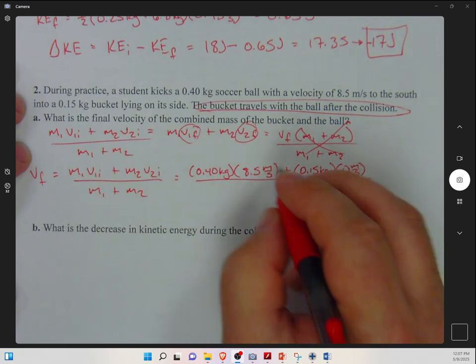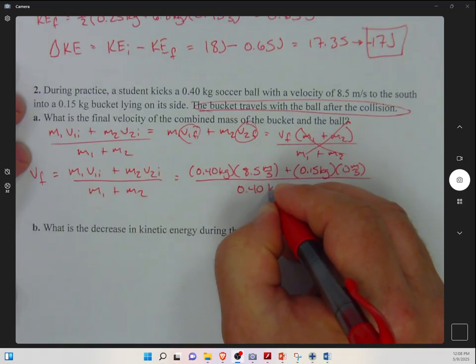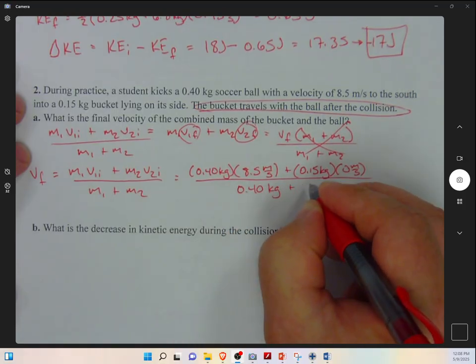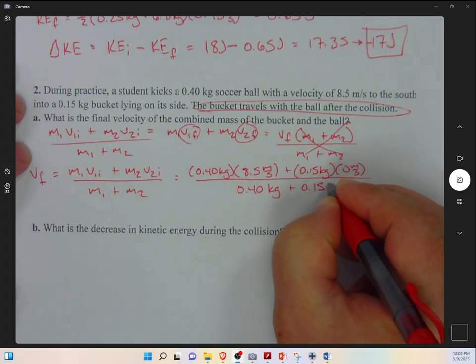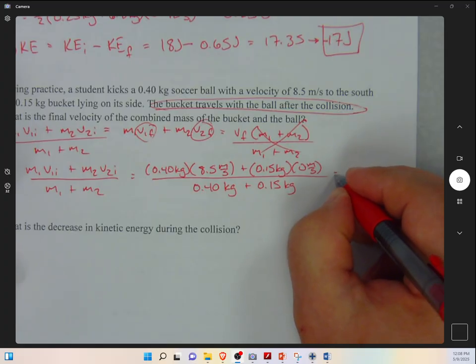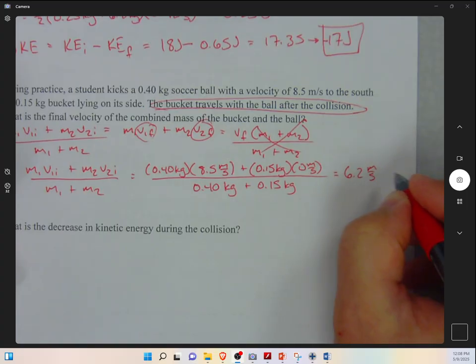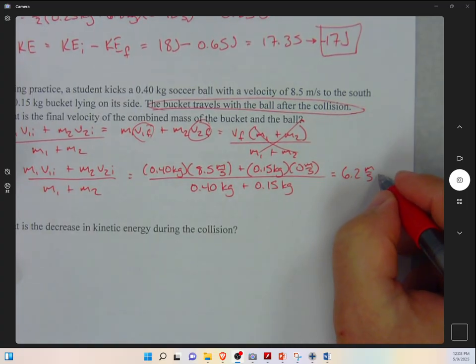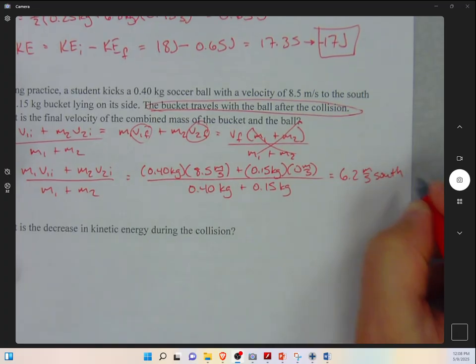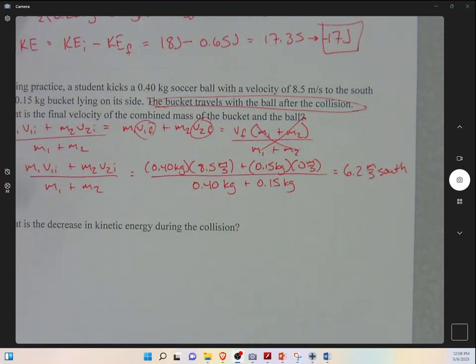And then I'm going to sum the masses. And let's see, this is going to end up being 6.2 meters per second, and this is going to be going in the same direction, so it's going to be south.